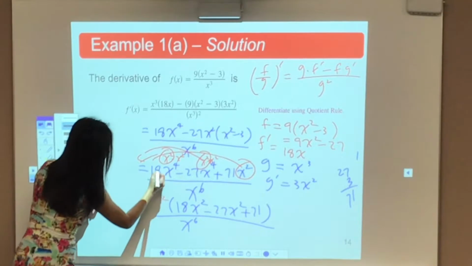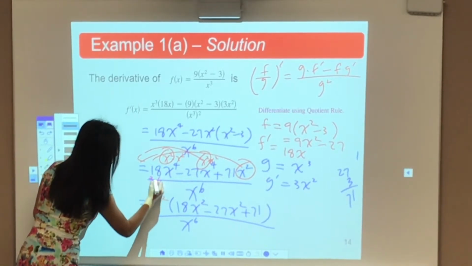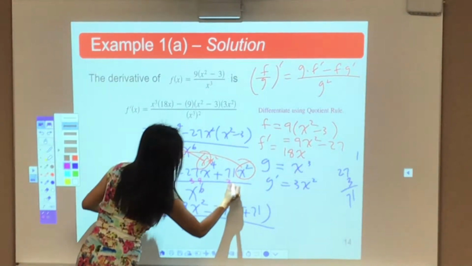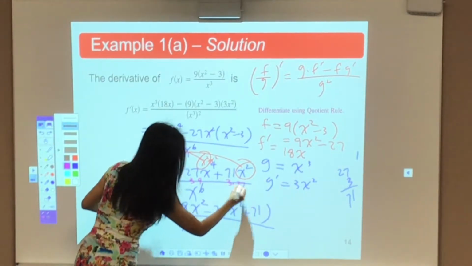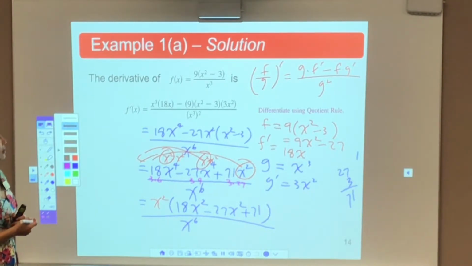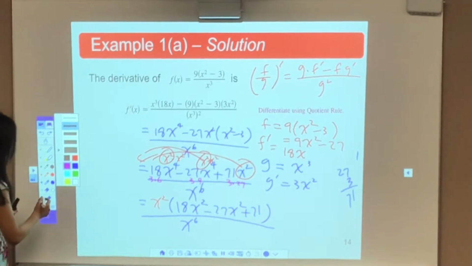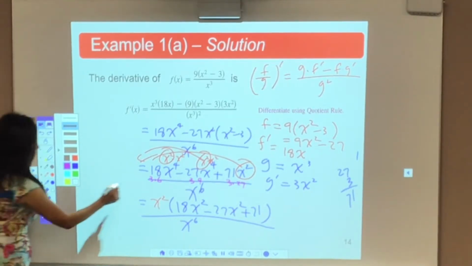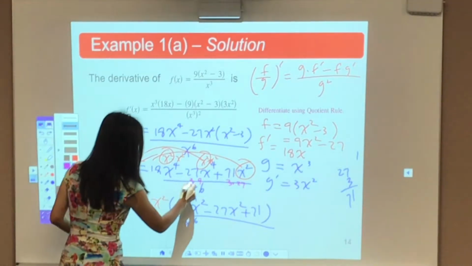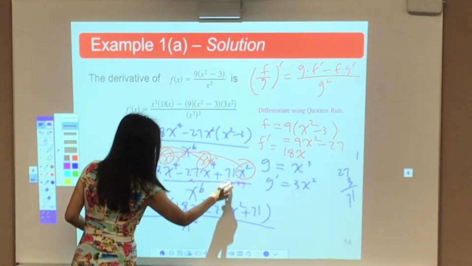So I can rewrite this as 3 times 6. This is 3 times 9. That's 3 times what? 27. Oh, I can factor out 6 then. No, 9. Can I factor out 9? No, wait. I will do 9 then. 7 times 3.